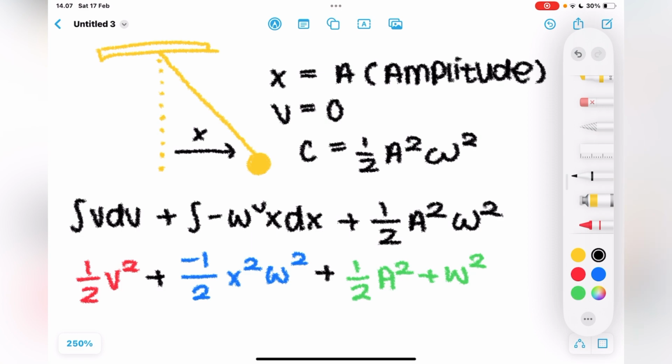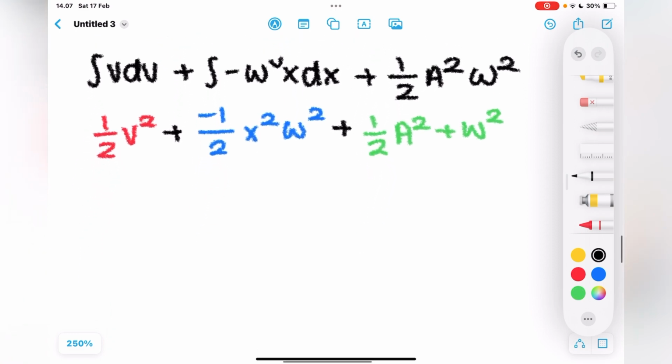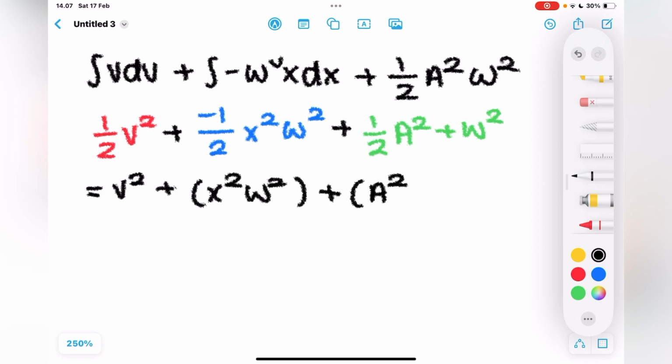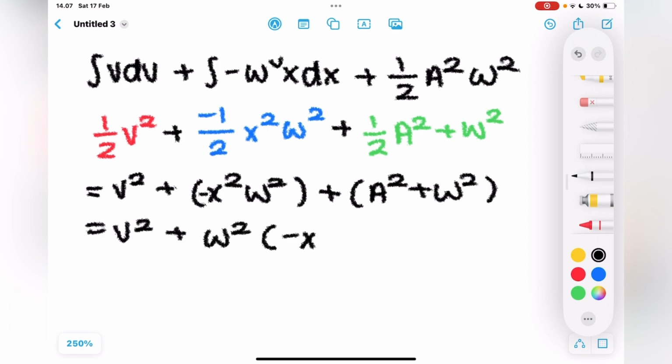So from here, we can cross out all of the 2's. So the result will be v squared plus negative x squared omega squared plus a squared omega squared. And if we factor this out, this will be omega squared, sorry, this is negative, negative x squared plus a squared.